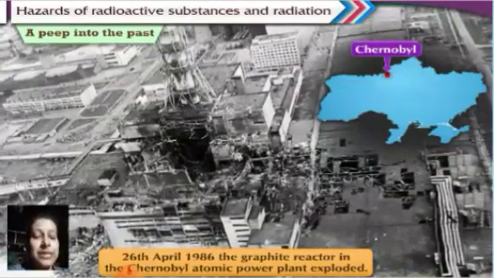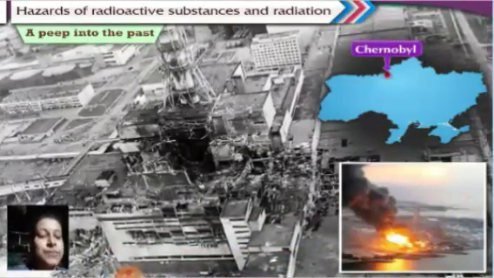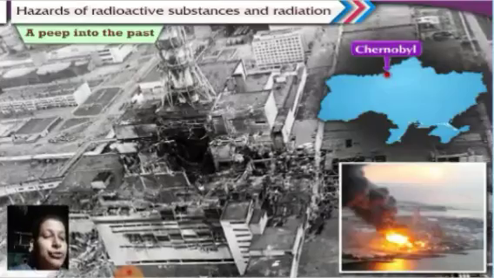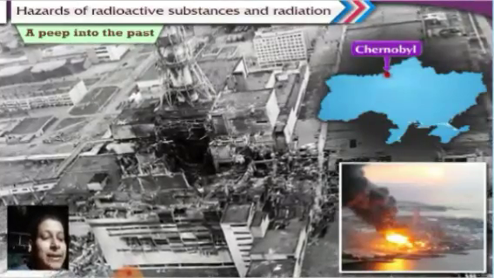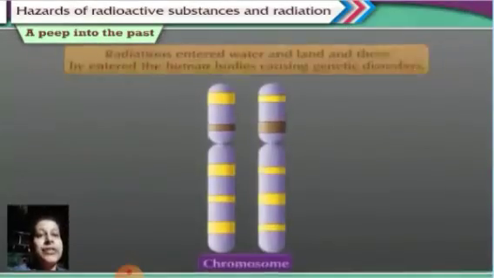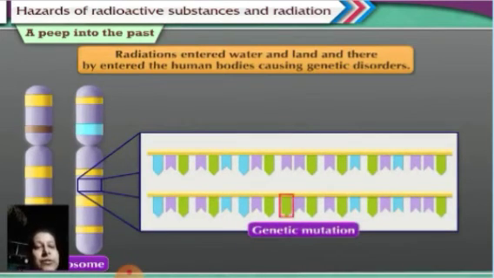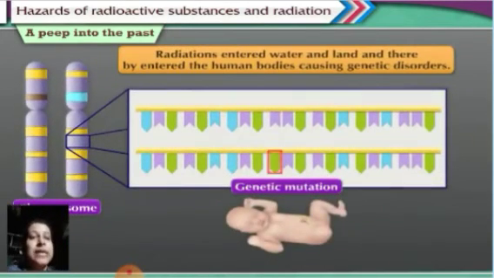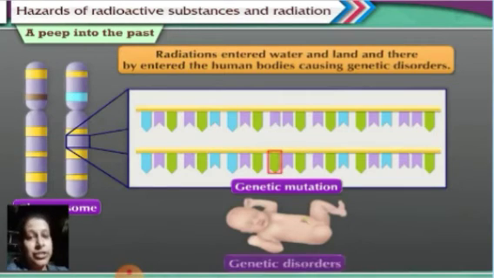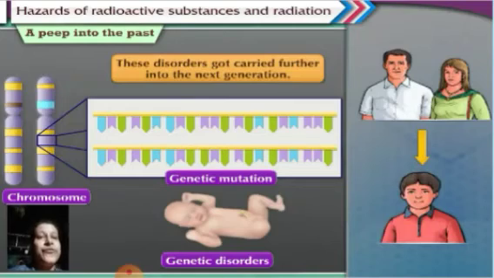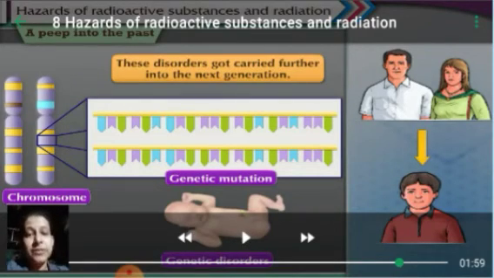Due to this, radioactive isotopes entered the human body through water and land, and caused certain genetic disorders. These mutations can cause genetic defects in the baby, and this was carried further, as you have learnt from the Mendelian principles of heredity.